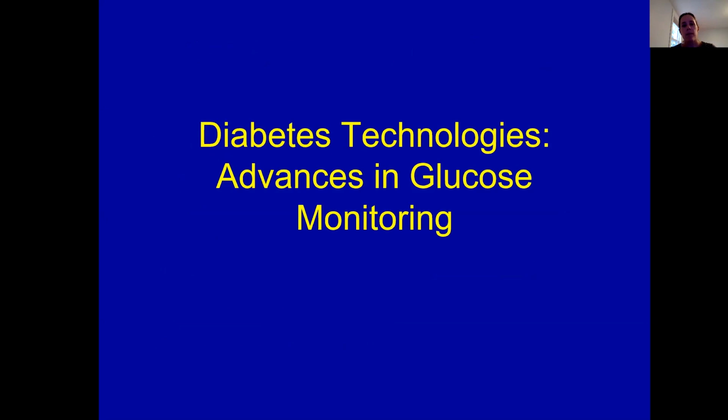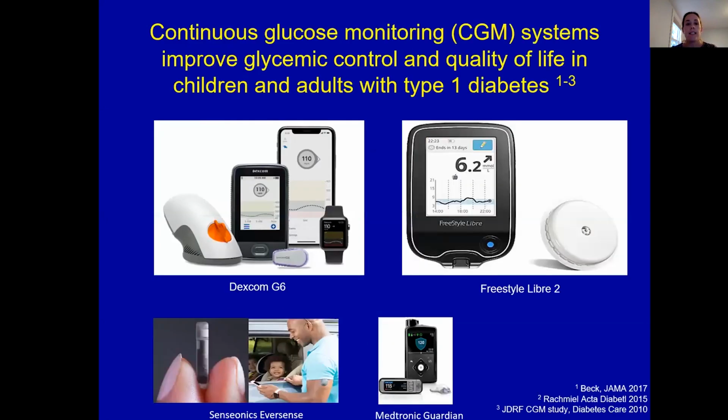So to start, I'd like to talk about some of the advances in glucose monitoring, specifically continuous glucose monitors, or CGM. So these systems are comprised of a sensor that has a tiny little filament that goes underneath the skin, and it senses interstitial glucose levels every 5 to 15 minutes, and then sends this information to a receiver or to the patient's smartphone.